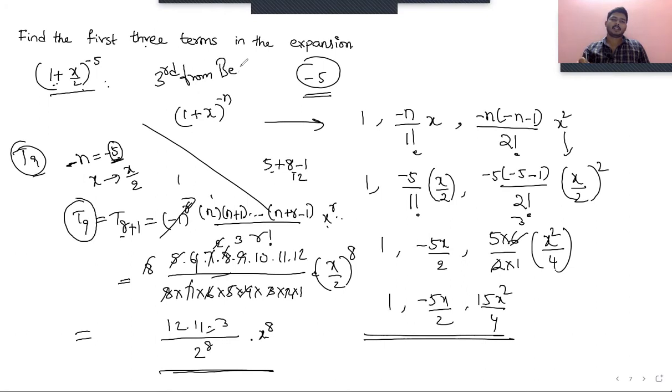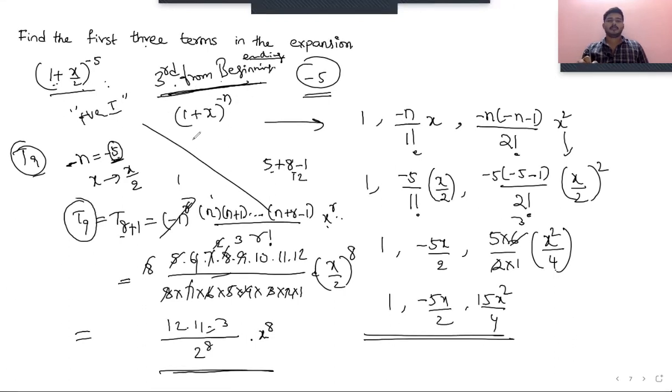They can ask terms from the beginning, like the 3rd term from the beginning, but they cannot ask the term from the end, like they used to ask in positive integer index. There will be certain models where they'll ask the 3rd term from the ending, or the 3rd term from the last. They cannot ask the last part here. They can ask sometimes the nth term from the beginning.